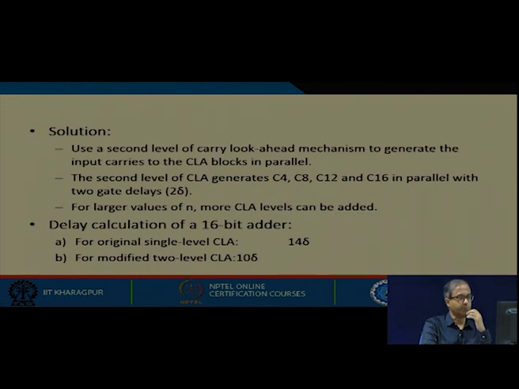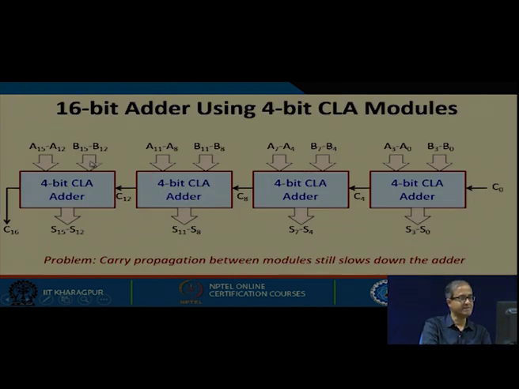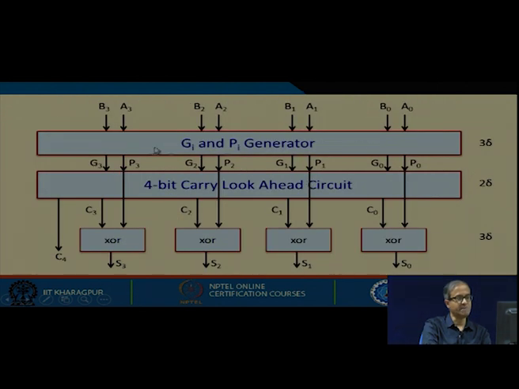So what do we propose? We propose a second level of carry look ahead. Here we have 4-bit carry look ahead modules, and inside these modules we have a circuit like this, with the GI PI generator and carry look ahead circuit.